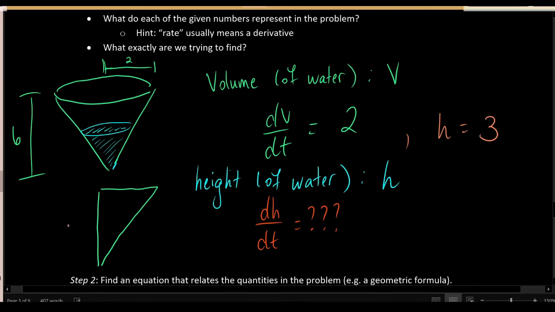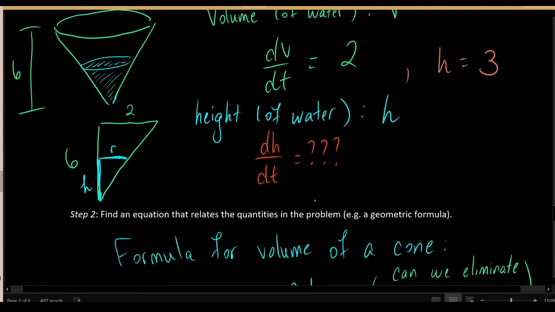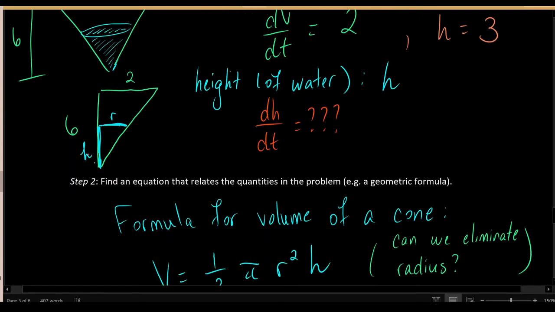We were told that the height of the tank was 6 and the base radius was 2. Meanwhile, for our little embedded water slice here, we're calling the height of the slice h and the radius r. Which means that we can use similar triangles to set up a proportion that would relate h and r.